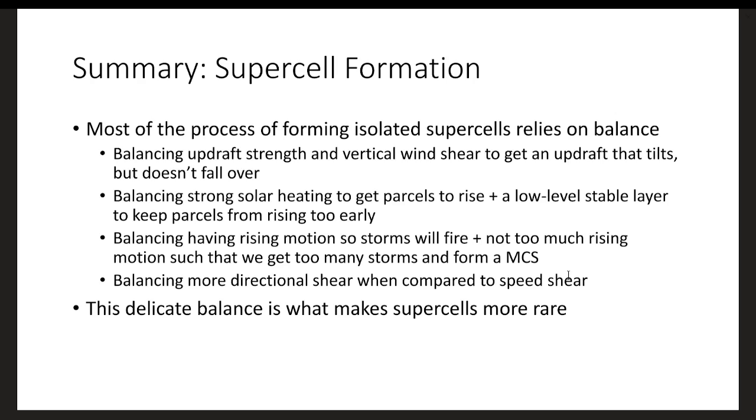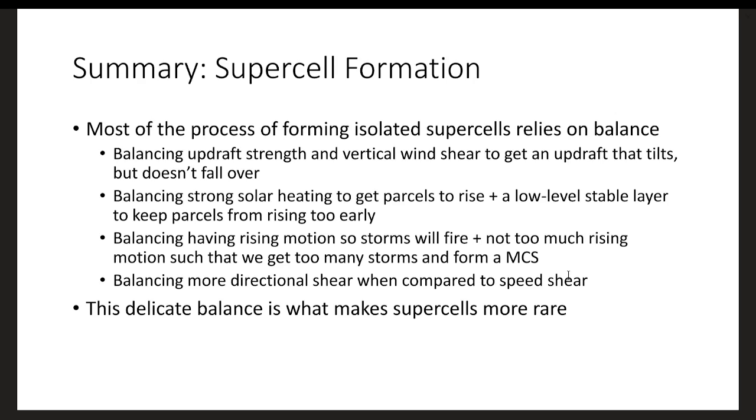So sometimes you can get isolated supercells with strong lift, because you need it to counteract the vertical wind shear. Otherwise, your vertical wind shear is going to blow the top off your storm.